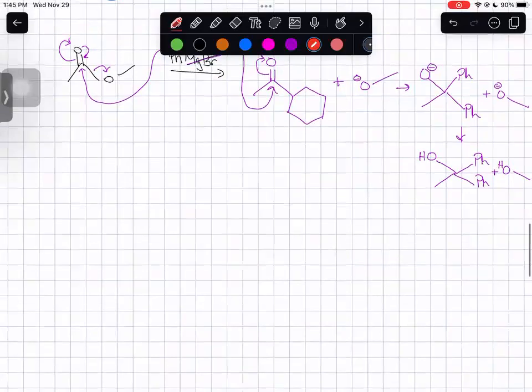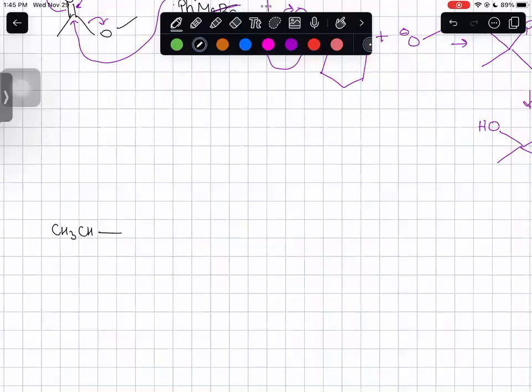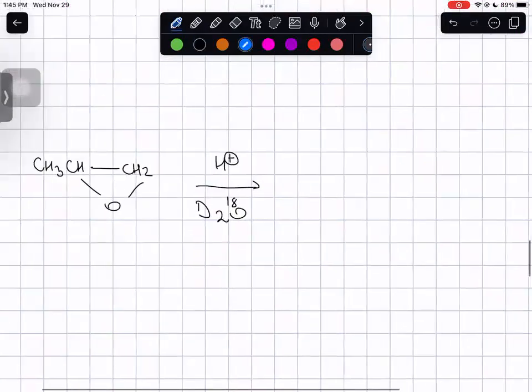Okay, so let's do one last one with epoxides. And this is still chapter 11, 12? Yes, it's still 11, 12. The thing that everyone hated.